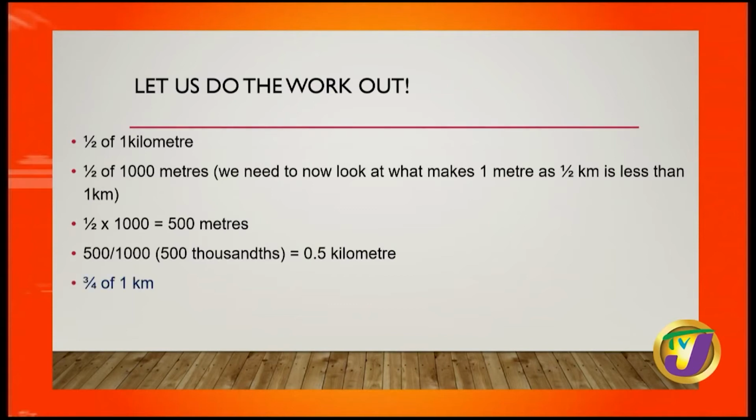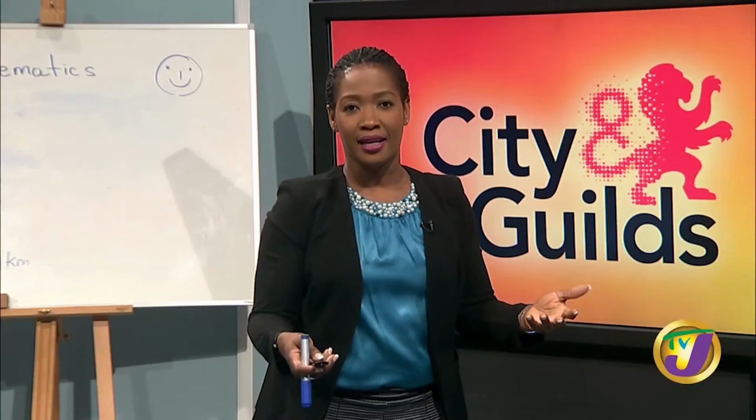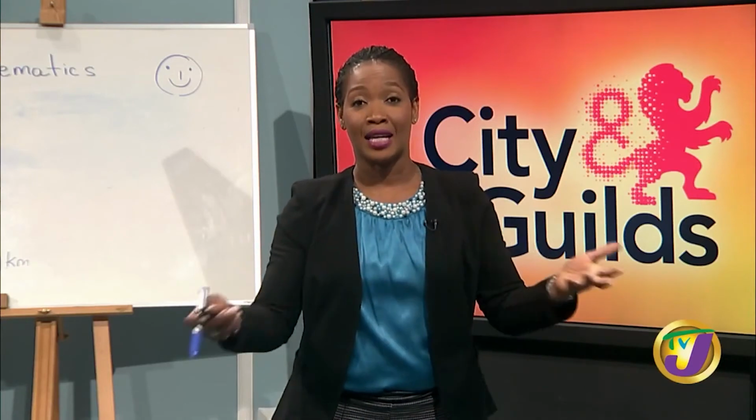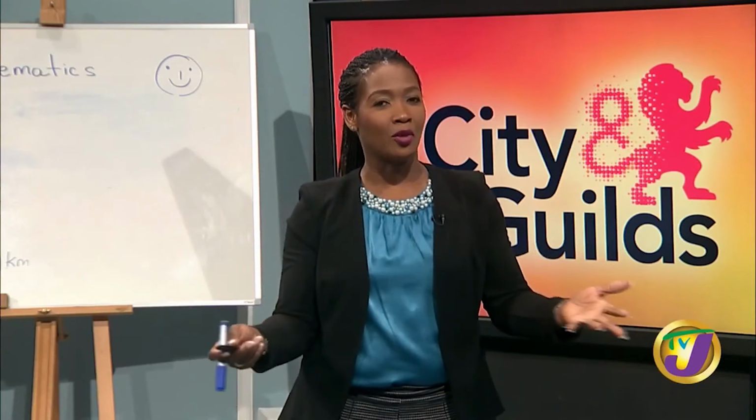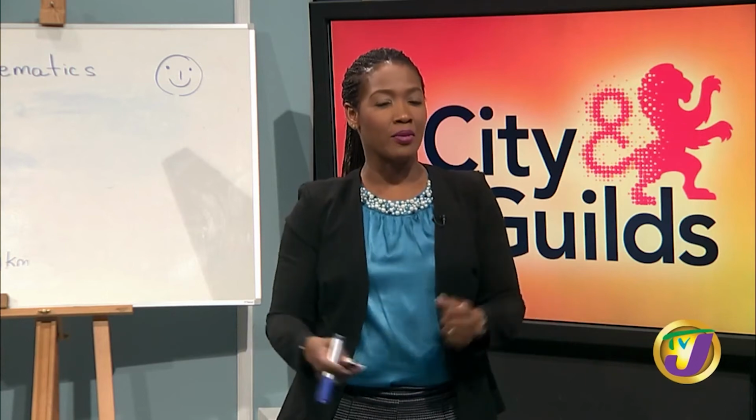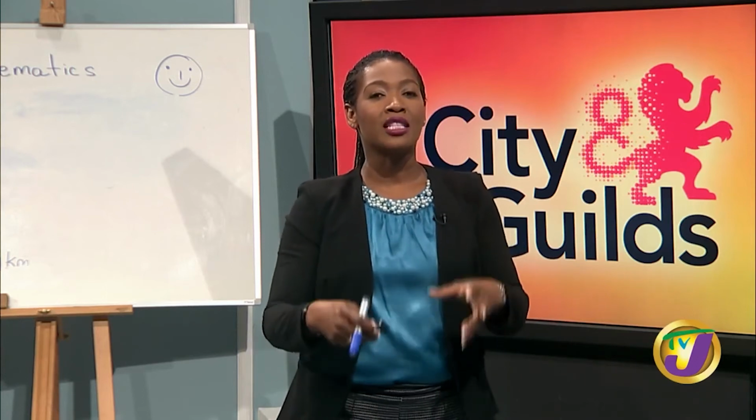And then you have 3/4 of 1 kilometer, and then you'd have 3/4 of 1,000 meters. Why did I put it in meters and not keep it in kilometers? Because if you're doing half of a kilometer, it clearly is going to be less than 1. And we know what less than 1 is, right? It's a fractional representation. So we have to look at the smaller unit, which was used to make up a kilometer.